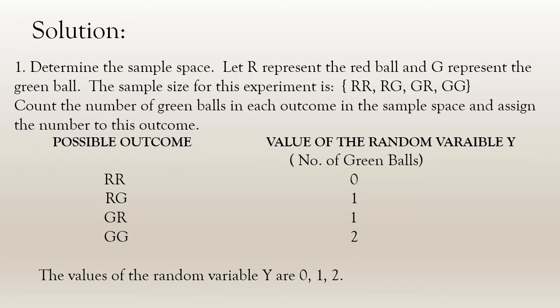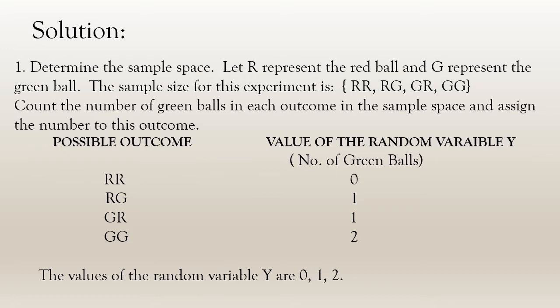So, yung sample space ng ating experiment kapag kumuha tayo ng dalawang bola in succession, ang possible ay red-red or RR, possible din ng RG or red-green, o kaya green-red or GR. At ang huli, possible na dalawang green ang makuha natin. So, ito yung mga possible outcomes ng ating experiment. RR, RG, GR, at GG.